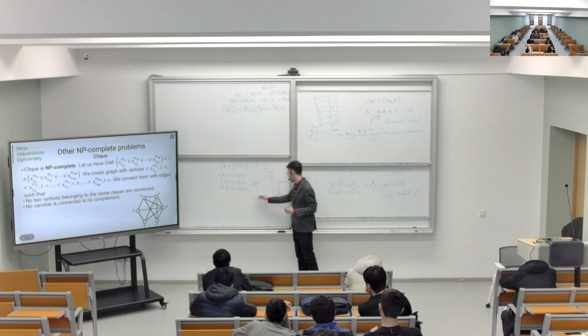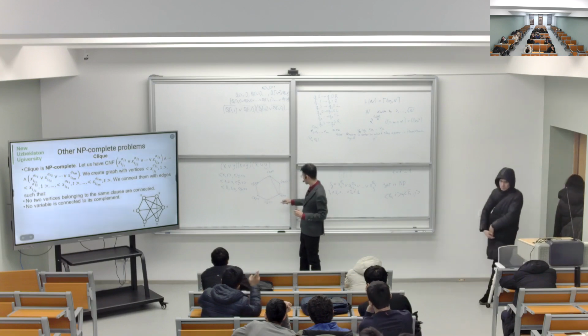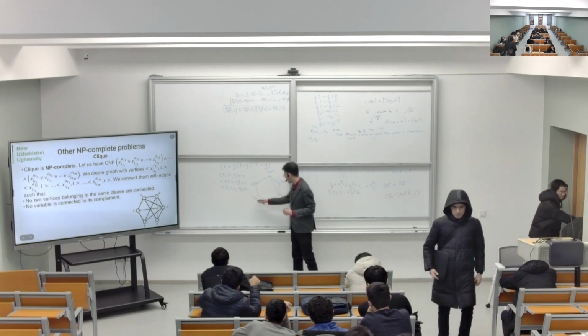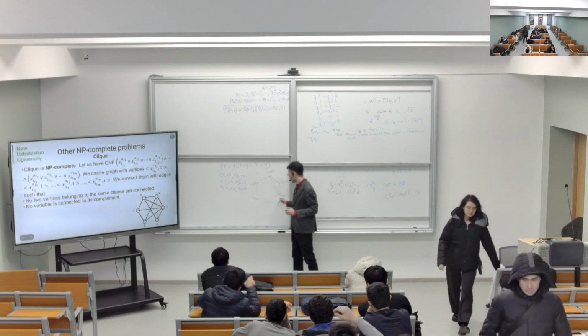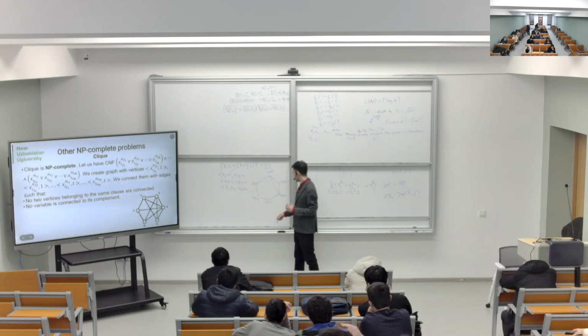Then I can connect which ones? The other ones, y and 3. This which one? Negation x3 and y3. Negation x3 and y3. No. You're right. They're from the same clause. We cannot do this. Y1 x. Yes, correct.